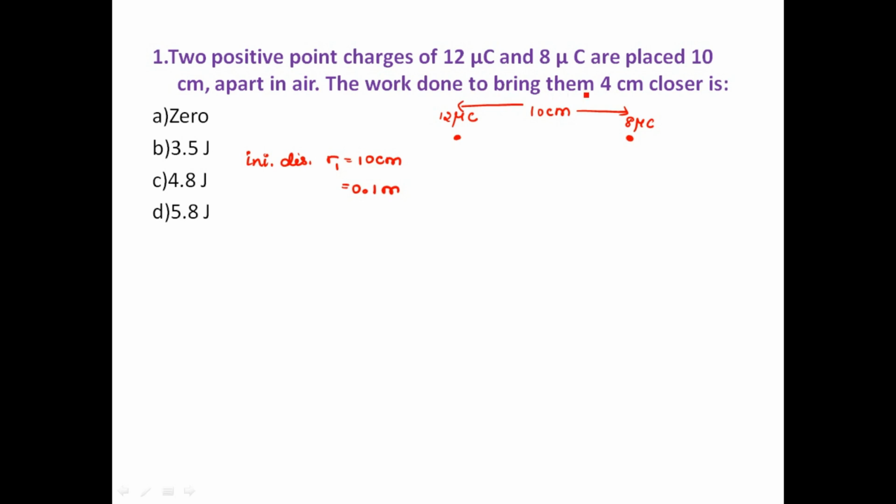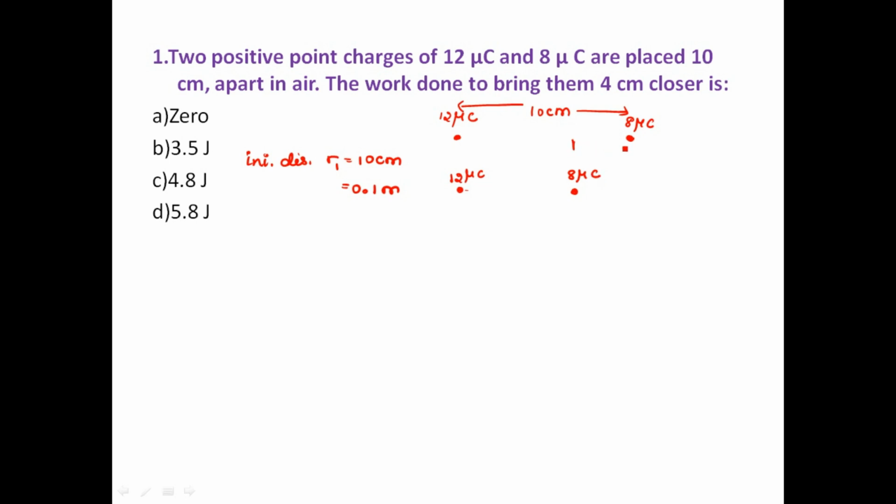The work done in bringing them 4 centimeter closer. What if I bring one of the charges 4 centimeter closer to the other charge? So the 12 microcoulomb charge is now closer to the other charge of 8 microcoulomb.